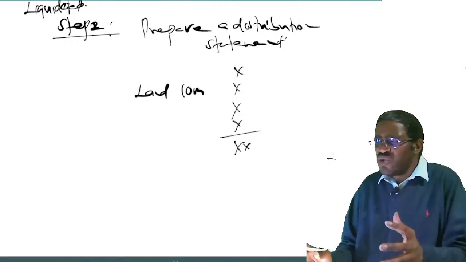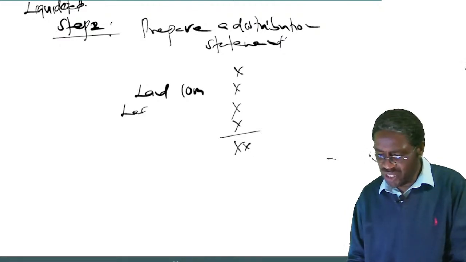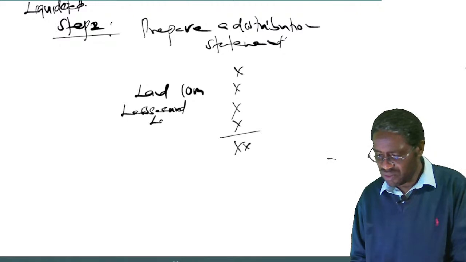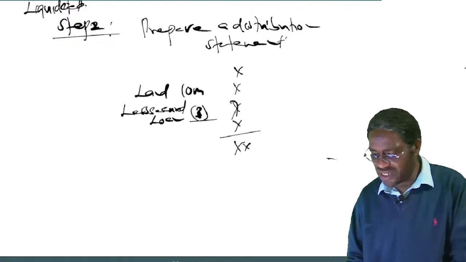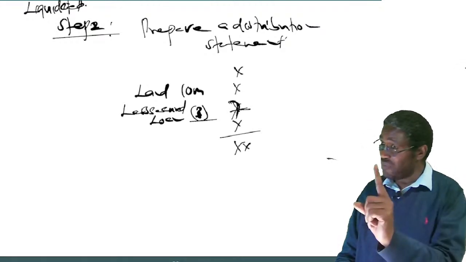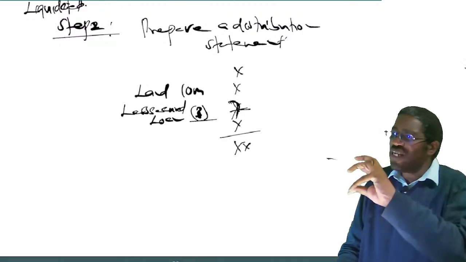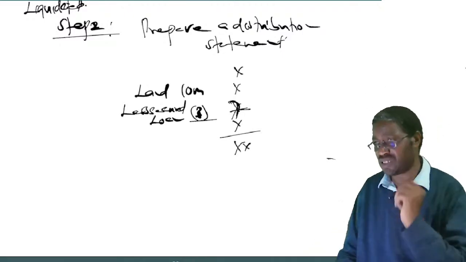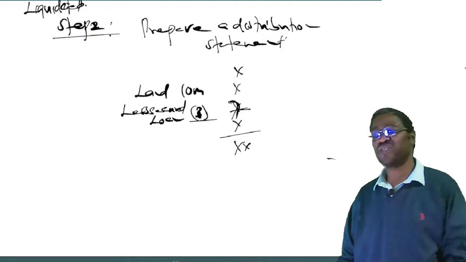But maybe we used it as a security for the loan. So you minus the secured loan. Maybe the loan was 3 million. So utabaki na net ya 7. So that secured liability, of course, is normally netted against the particular asset, which I've illustrated.